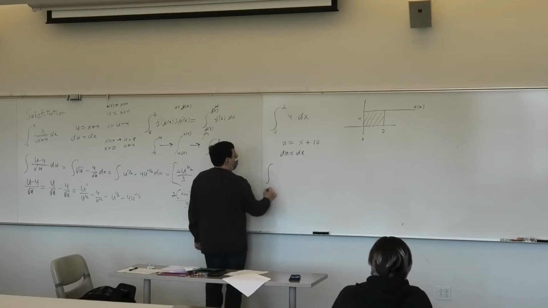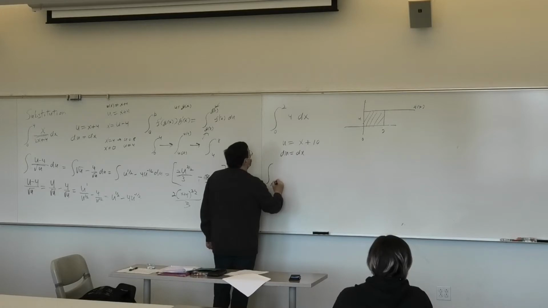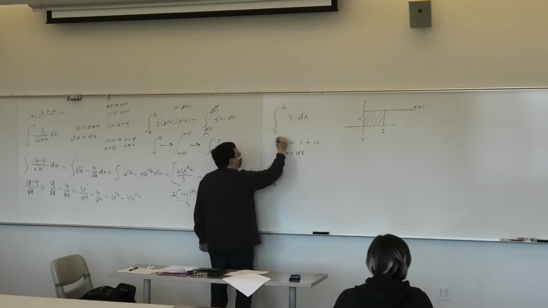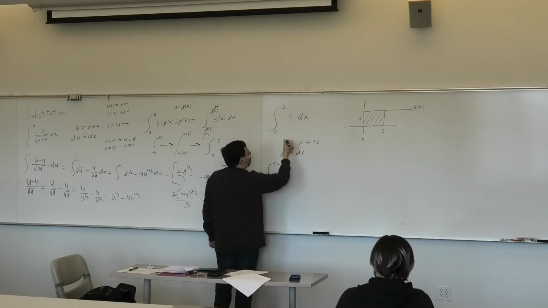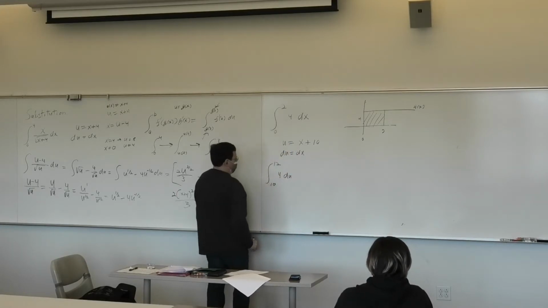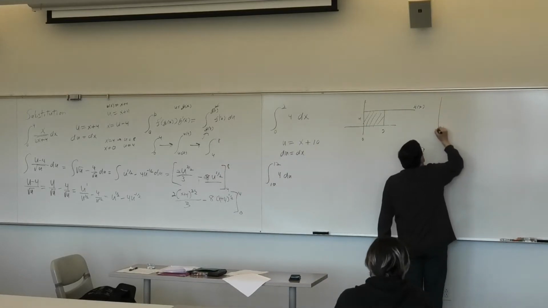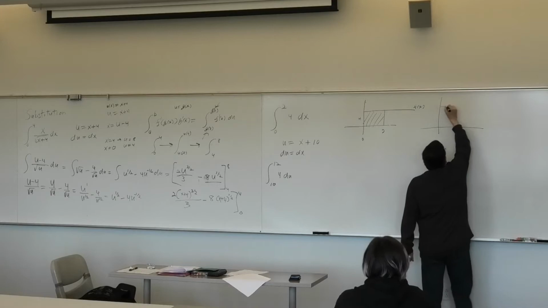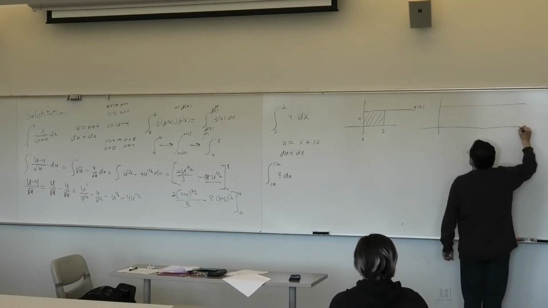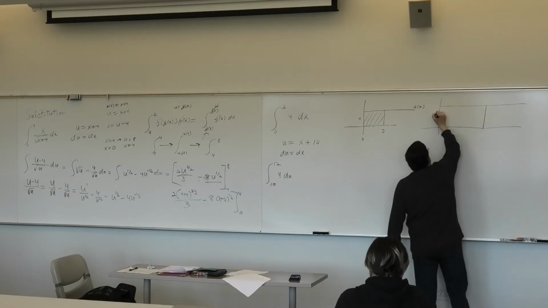Now I have the integral from 10 to 12. I'm just plugging in my limits here. And I have 4 du. All right, well, what does that look like? Well, the function didn't change. It's still 4.